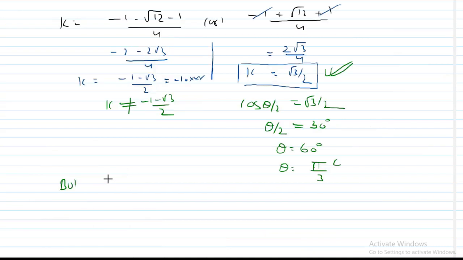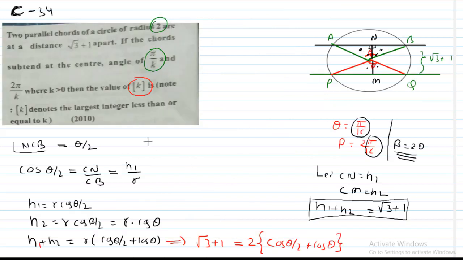Now we took θ as π/k. Here θ is π/3, so π/3 equals π/k, so k equals 3. Yes, k equals 3. So the answer for the problem is 3.